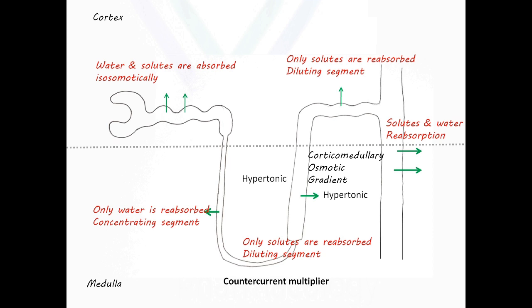If there is no antidiuretic hormone, the tubular fluid entering the collecting duct is excreted as such. But in the presence of antidiuretic hormone, the water is reabsorbed, and this water reabsorption into the renal interstitium is aided by the corticomedullary osmotic gradient. So remember, the collecting duct in the presence of antidiuretic hormone excretes a concentrated urine.